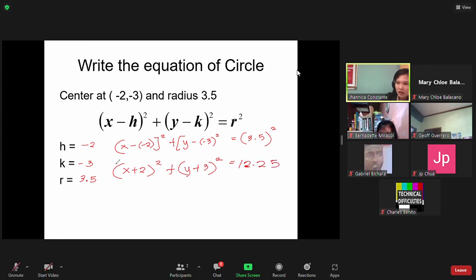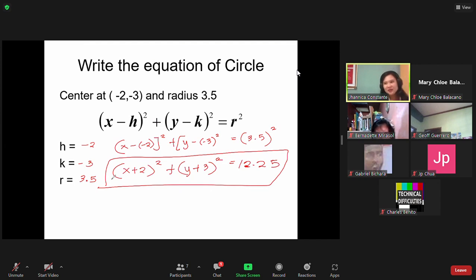So this is the equation of our circle that has a radius of 3.5 and a center of negative 2 and negative 3, which is x plus 2 squared plus y plus 3 squared equals 12.25.